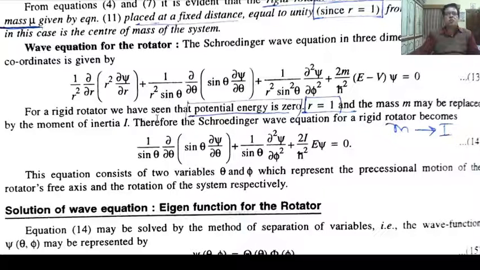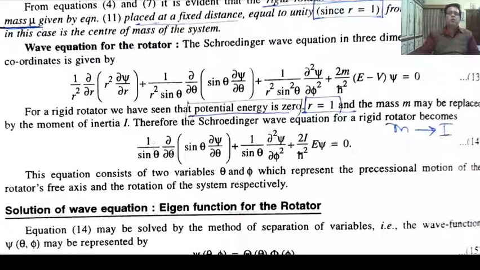For a rigid rotator, we have seen that the potential energy is 0, r is constant, and the mass m may be replaced by the moment of inertia I. Therefore, the Schrodinger wave equation for a rigid rotator becomes, with mass replaced by moment of inertia and r fixed, so there is no term for r. Only terms for theta and phi.